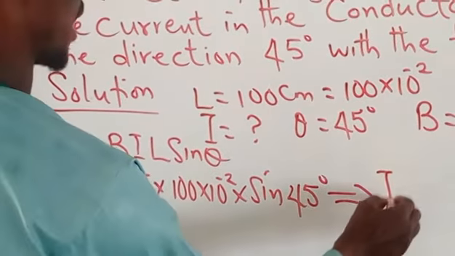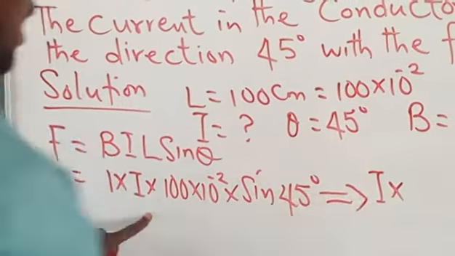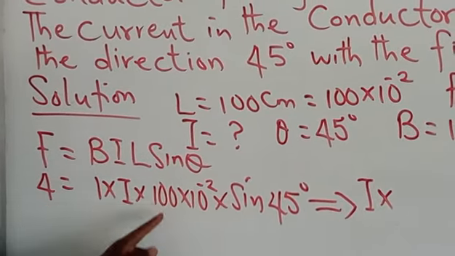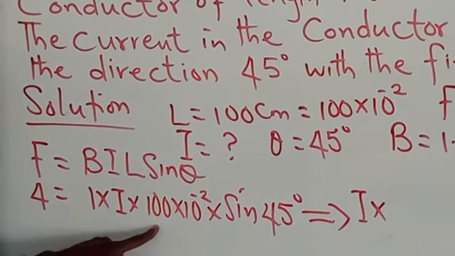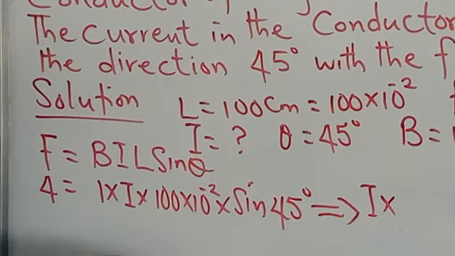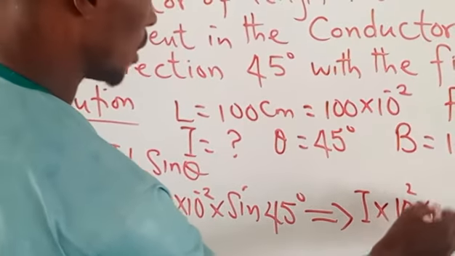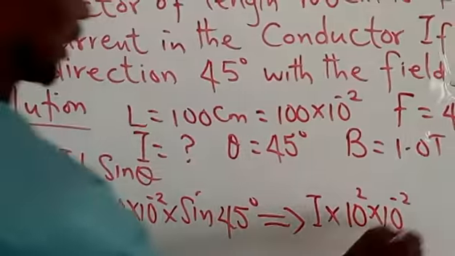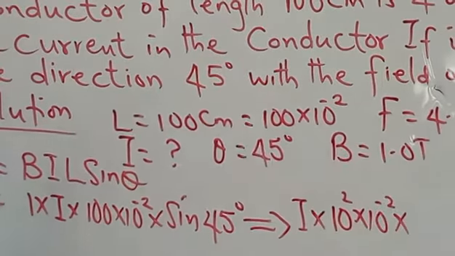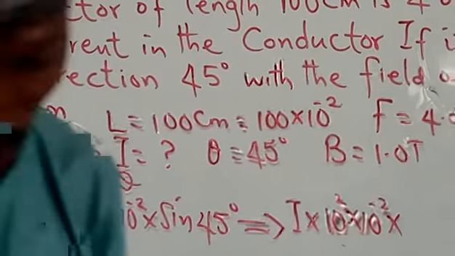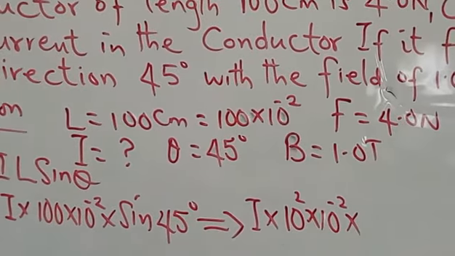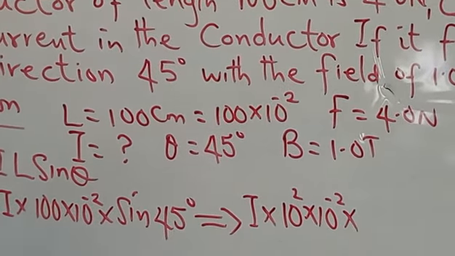We are given the length. The length is given as 100 centimeter. Of course, we are going to convert this to meter. So this gives us 100 times 10 to the power of minus 2. The force in the question is given as 4.0 Newton.